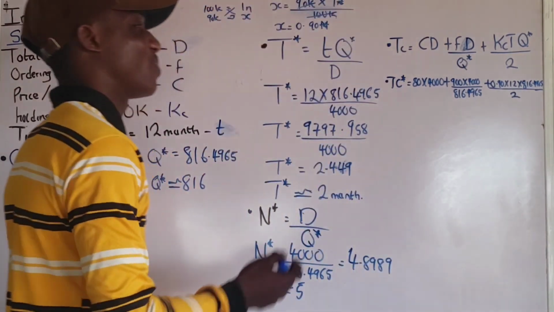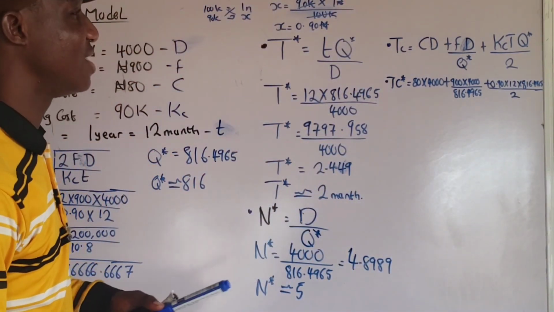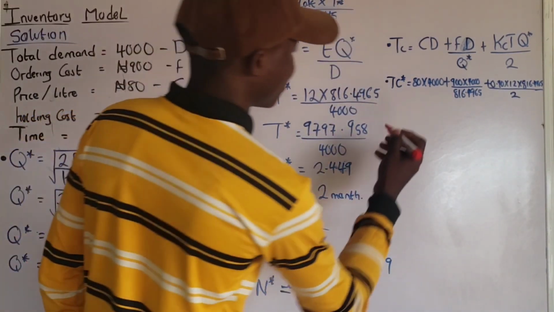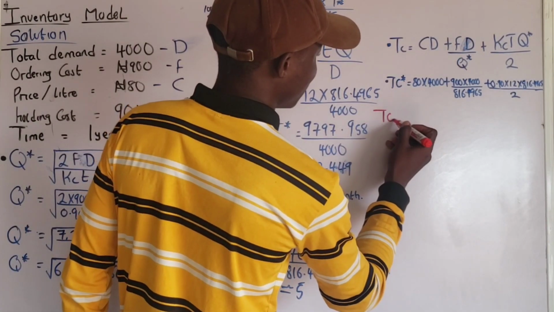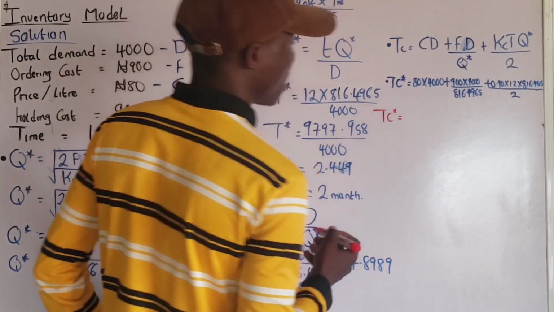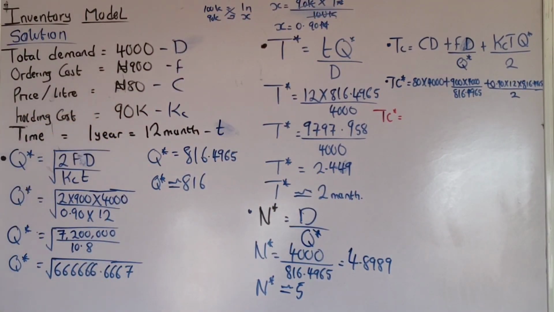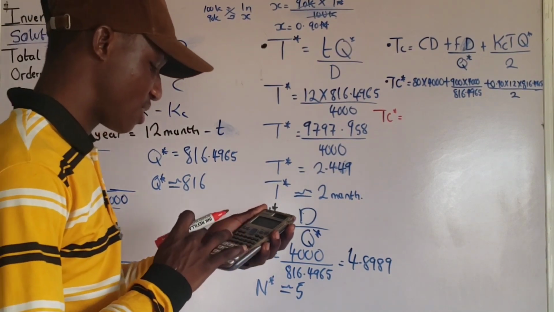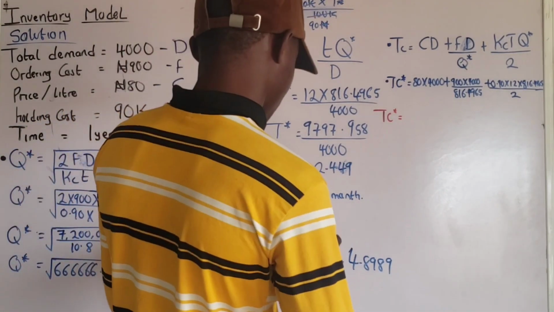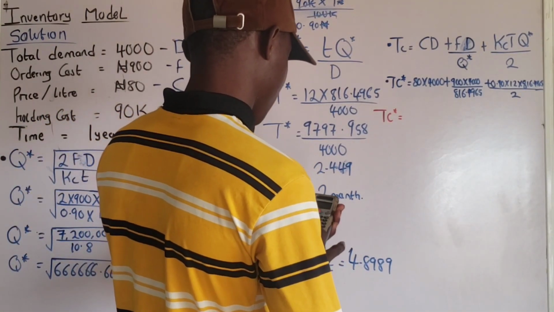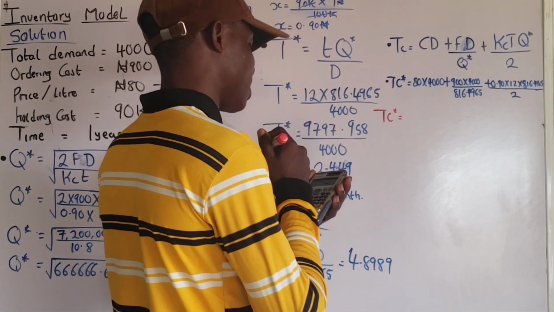Okay, so with this, you can get the value of TC. Just pay attention. Let's first take the product of all the values that we have there. 18 multiplied by 4,000 is 72,000.